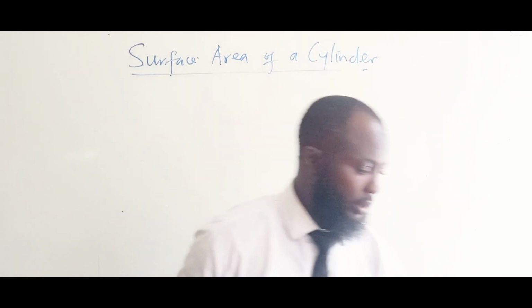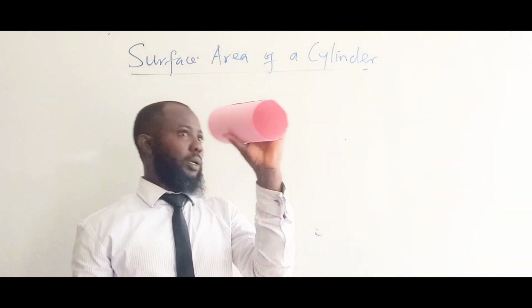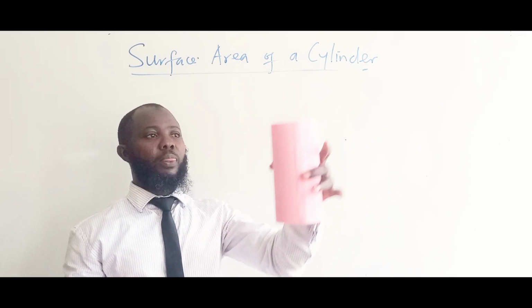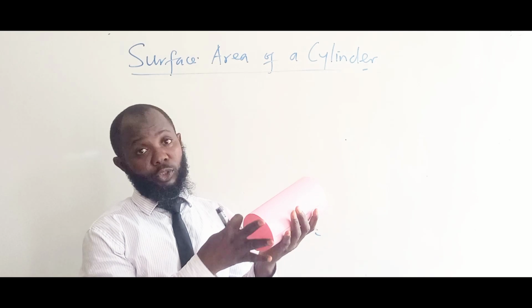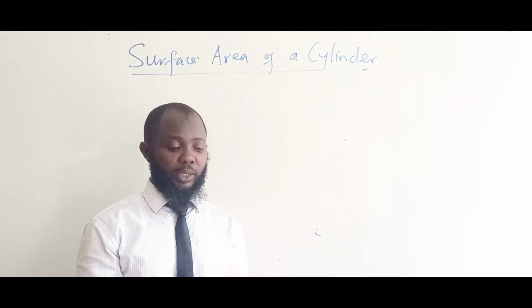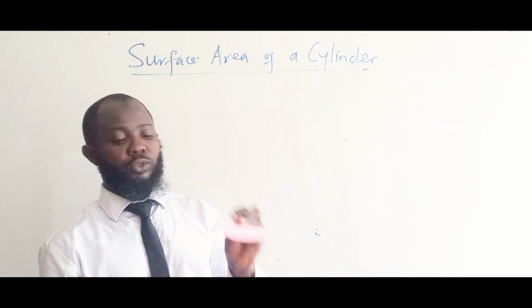If you look at this, it is like a pipe, and it's a cylinder. It has a curved part, and it has a bottom and a top. The bottom is in the form of a circle. This circle is going to be used to cover this place, and we can as well use another to cover what? This place.